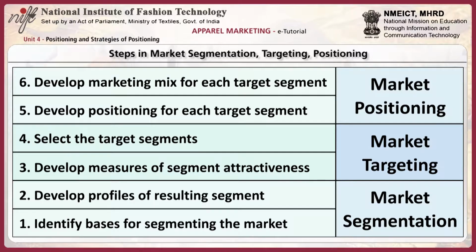The third step is to develop measures of segment attractiveness. The fourth one, select the target segments. The fifth one is to develop positioning for each target. The last step is to develop a marketing mix for each target segment.